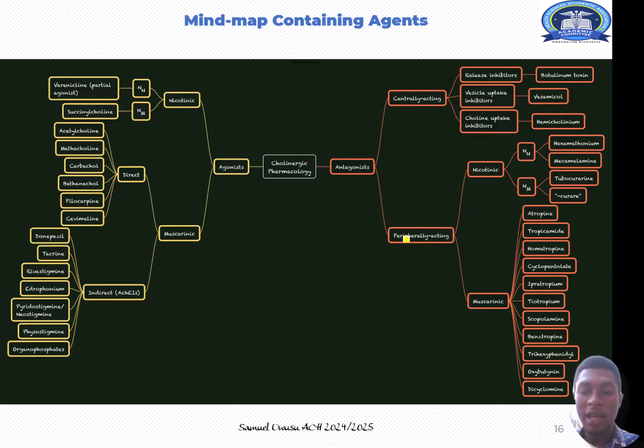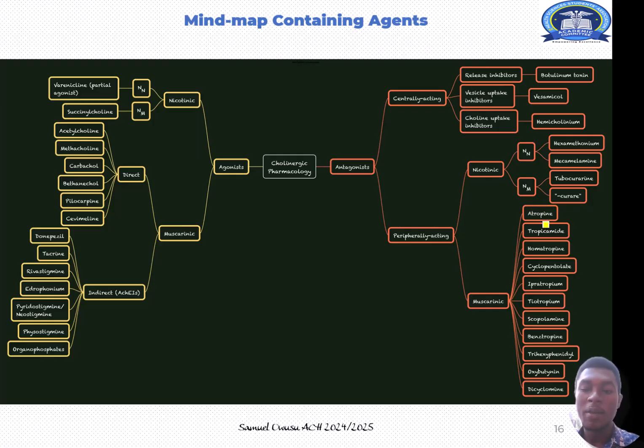And peripherally acting ones, we can have those that have effect on the nicotinic receptors. So NN receptors, we have hexamethonium, mecamylamine, tubocurarine, and tubocurarine is found especially at the neuromuscular receptors. Then we have the peripherally acting ones that act on the muscarinic receptors, and the main agent that is used is what?